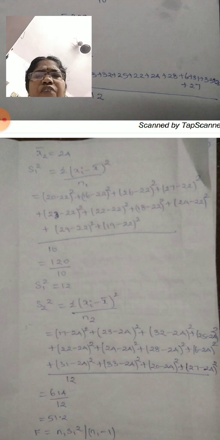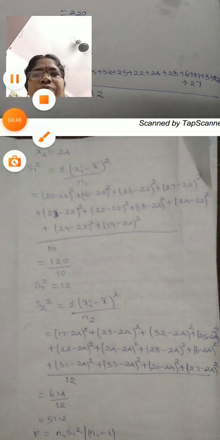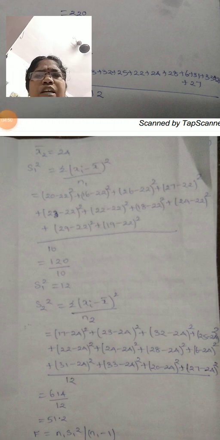Next we have to find S1 squared. The S1 squared formula is summation of xi minus x bar whole squared divided by n1.